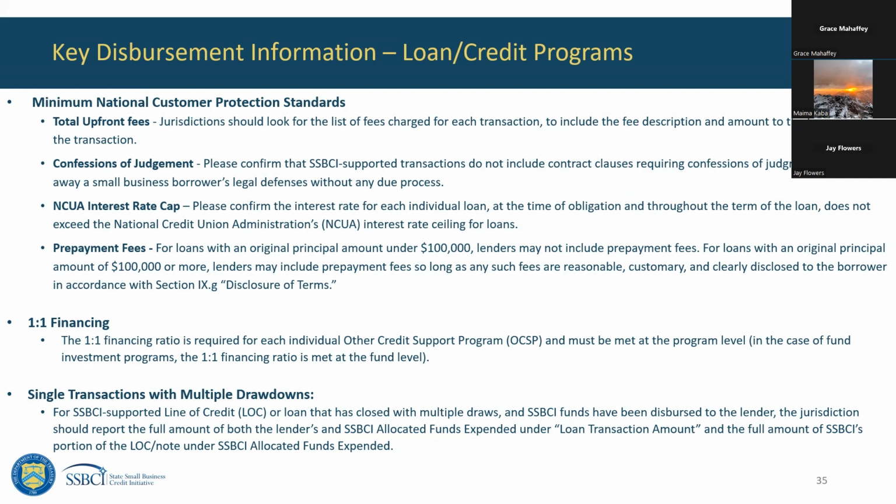Confessions of judgment: please confirm that the SSBCI supported transactions do not include contract clauses requiring confessions of judgment that take away a small business borrower's legal defense rights and rights to due process.